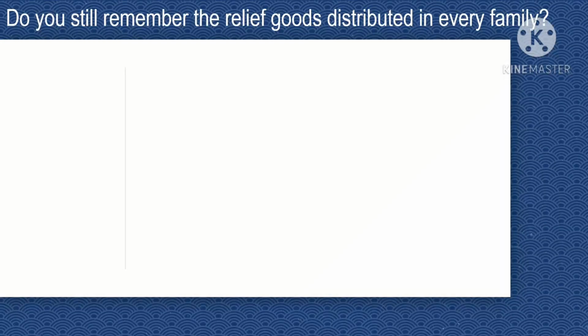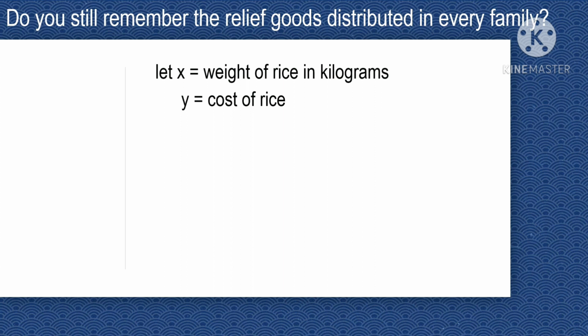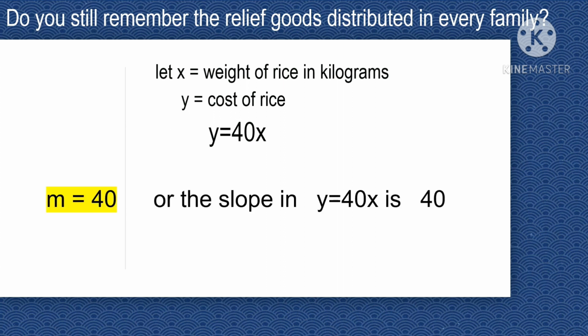Do you still remember the relief goods distributed in every family, where we let X equals weight of rice in kilograms and Y equals cost of rice? Remember the resulting equation is Y equals 40X, or M equals 40, or the slope in Y equals 40X is 40.